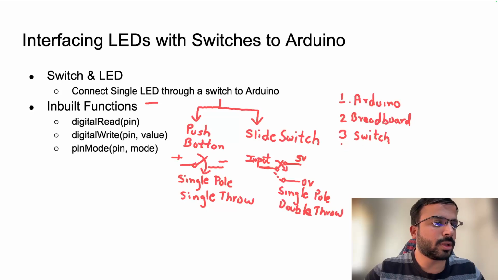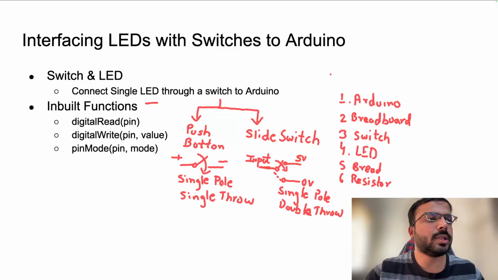Fourth is very simple, our LED, the peripheral which you are going to connect. And sixth is a resistor. So these are the components which we are going to need in this experiment.